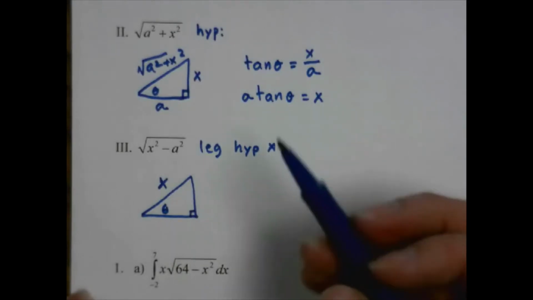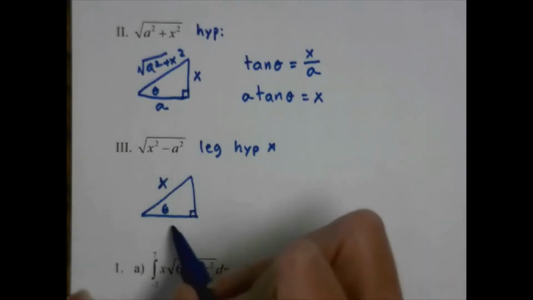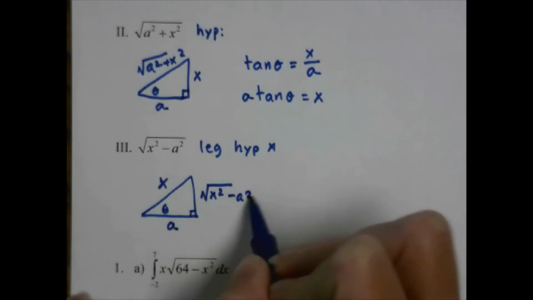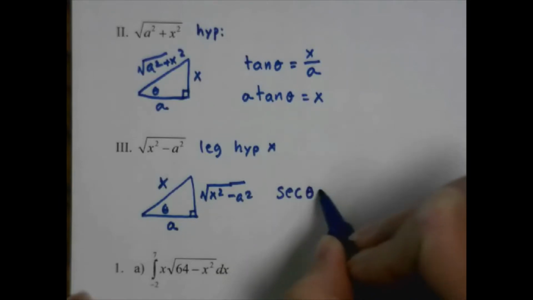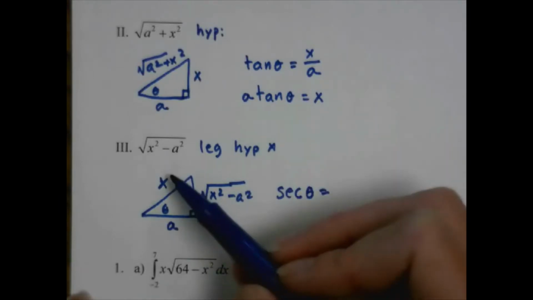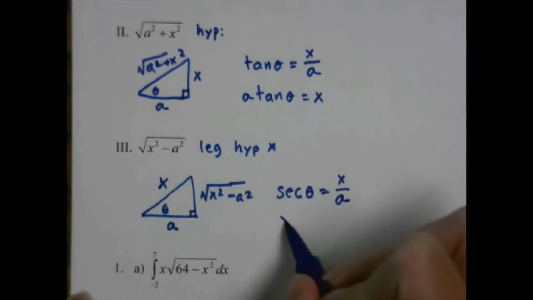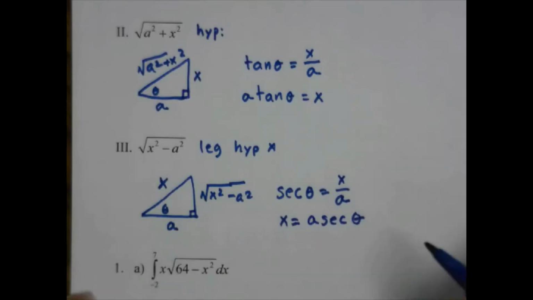This one's going to be secant because we want the hypotenuse on the top, and in this case the adjacent side. So secant of theta is equal to x over a, hypotenuse over adjacent. And so again, x is going to equal a secant of theta.